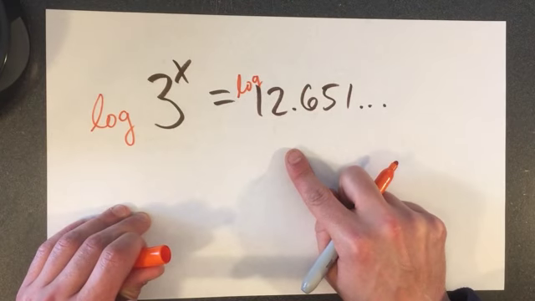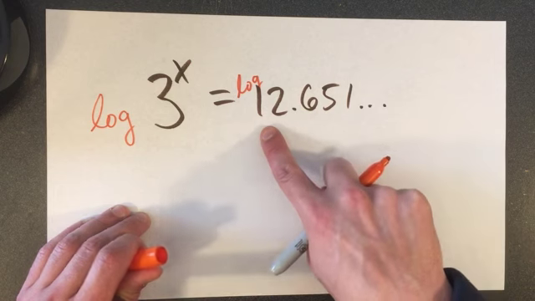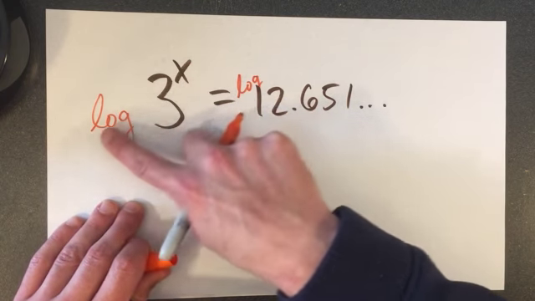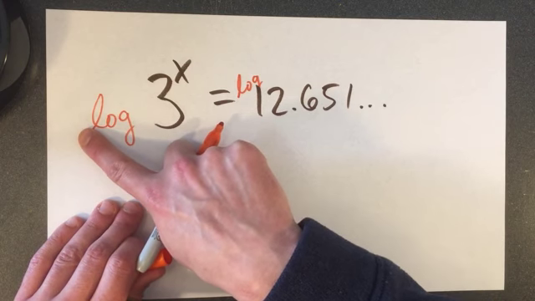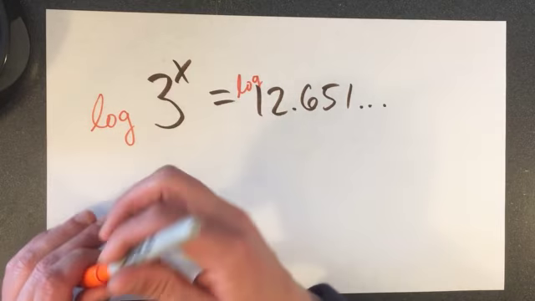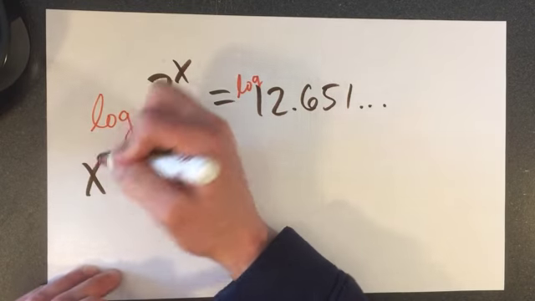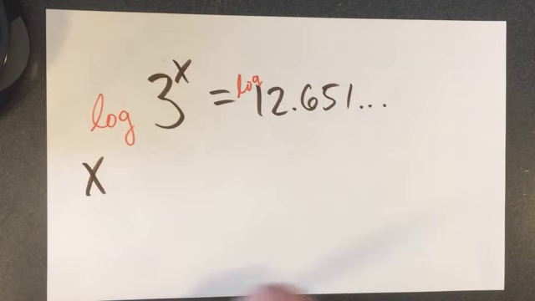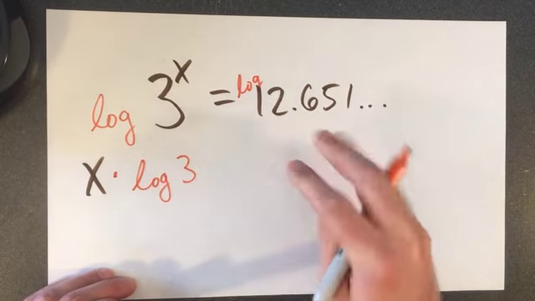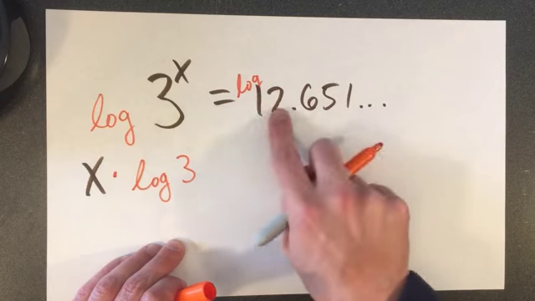If I take the log of both sides, the log can take the exponent and bring it down. So if I take the log of 3 to the power of x, it's equal to x times the log of 3. I can do that, but I have to do it on the other side.